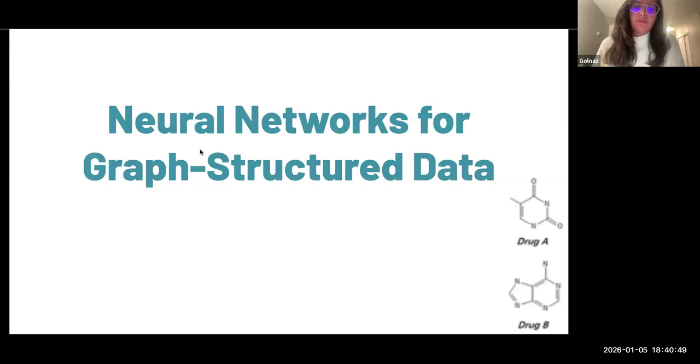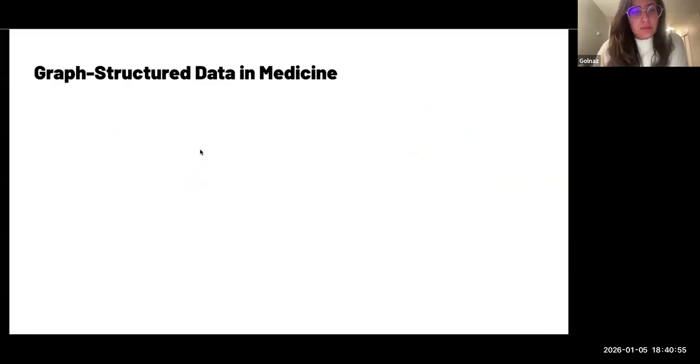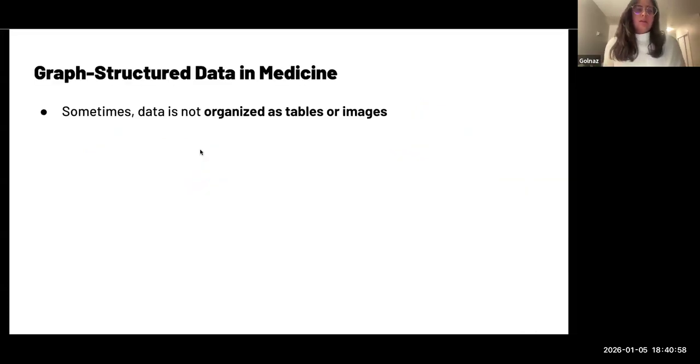Another application of neural networks is for graph-structured data. We'll get to what that means. Sometimes your data is not a table, not an image, not a text, but a set of relationships and connections between different concepts or entities.